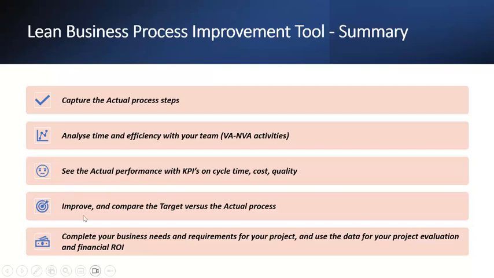We improved the process and we compared it with the target versus the actual process. And basically now you're ready to complete your business needs and requirements for your product and use the data for your project evaluation and financial ROI.